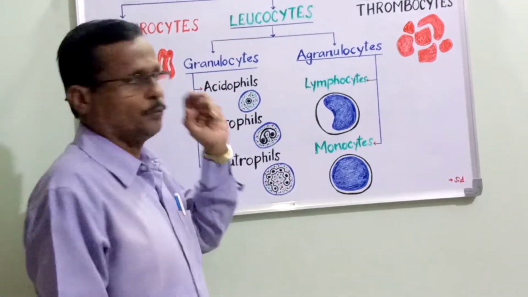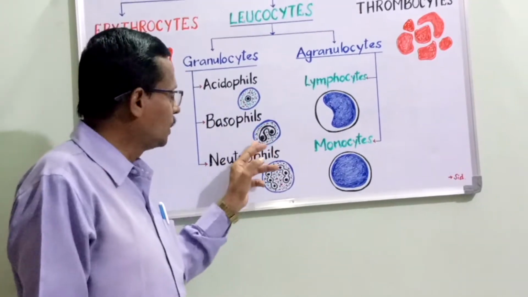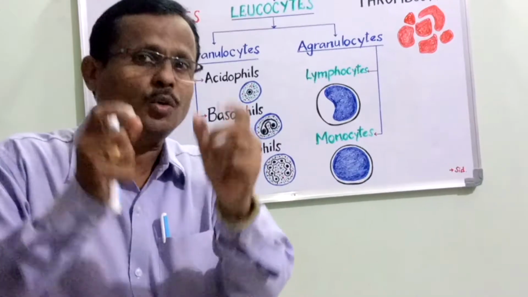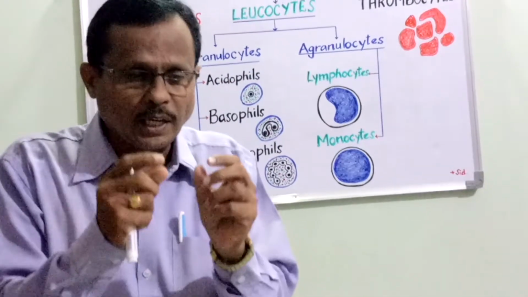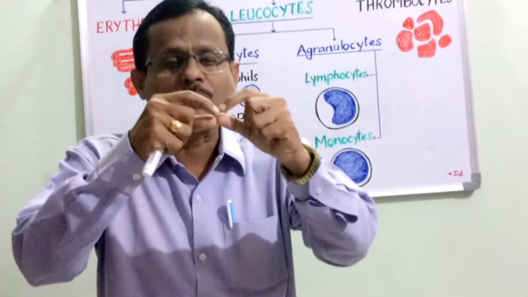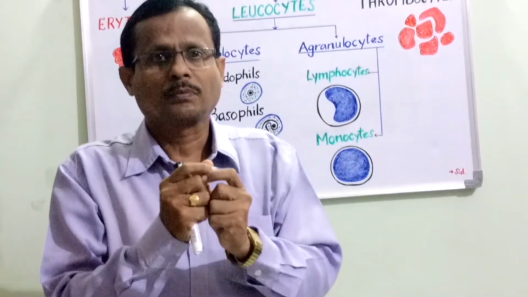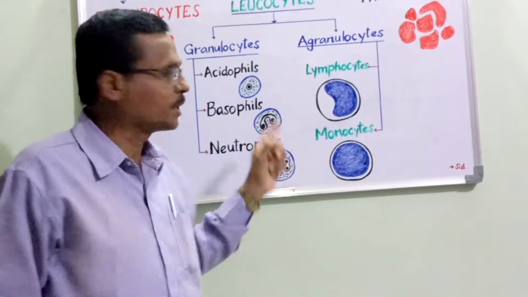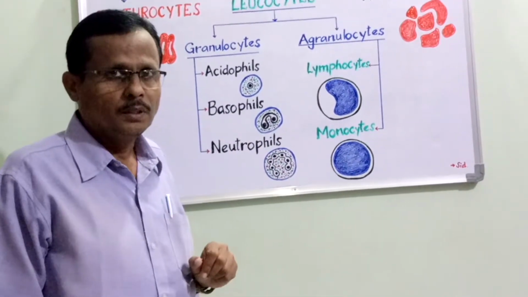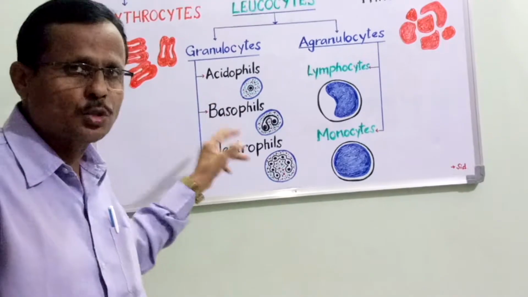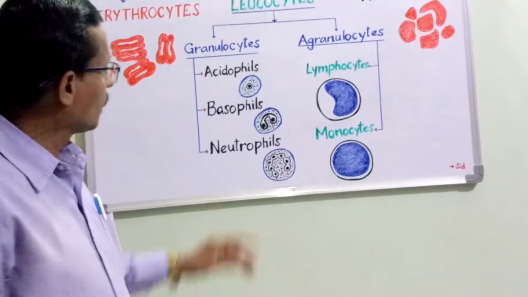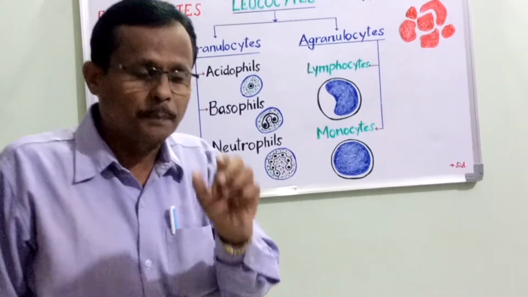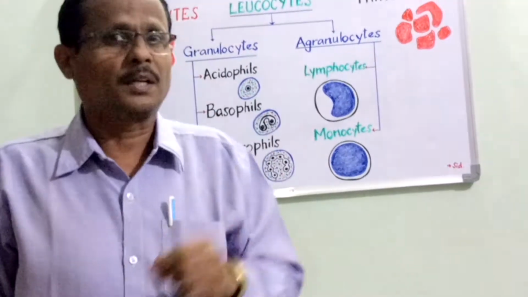Now basophils. Basophils are also roughly elliptical or rounded in shape. These bear a bilobed nucleus. These nuclei are attached by means of a bridge-like structure. So here a bilobed nucleus is present in the basophils. Why we call them acidophils, basophils and neutrophils is that the cells called eosinophils or acidophils can be identified by using an acidic stain.